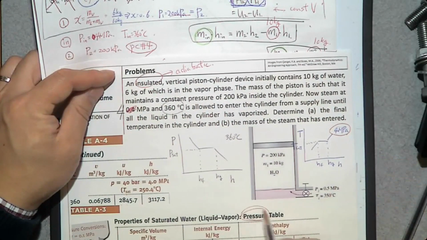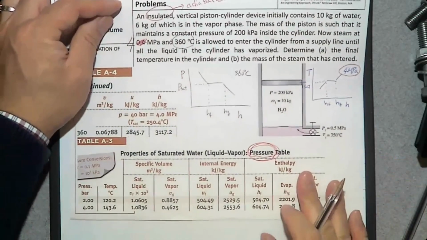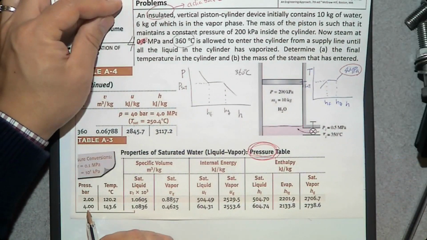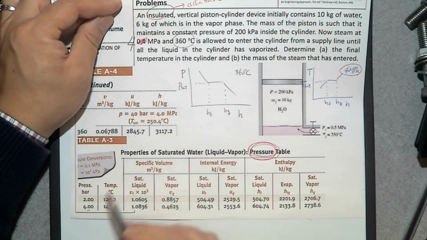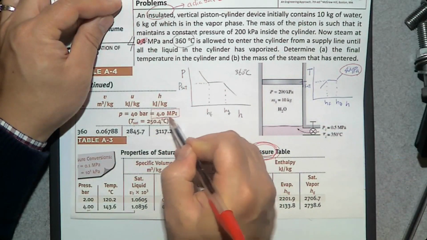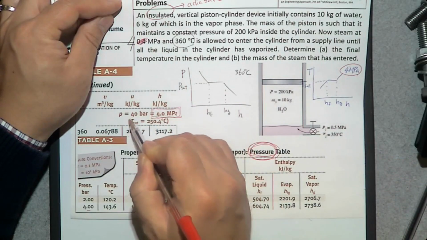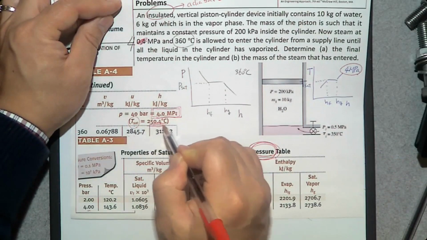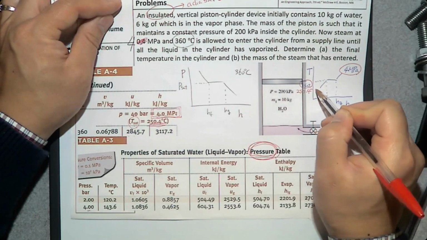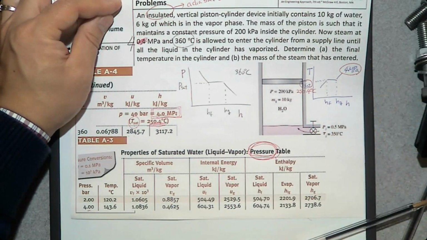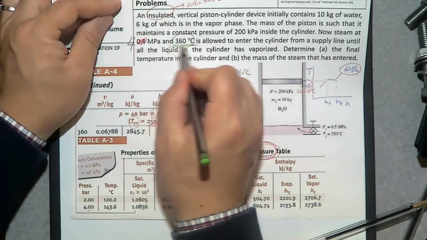Let's go to the pressure table. At 4 megapascal, where is it? That's 200 kilopascal, that's 400 kilopascal. Oh, there's 4 megapascal. At 4 megapascal, T sat is 250.4 degrees Celsius. Then what is the temperature of our system? 360.